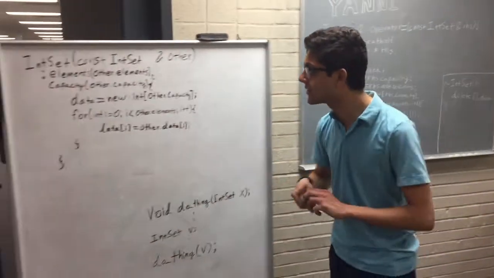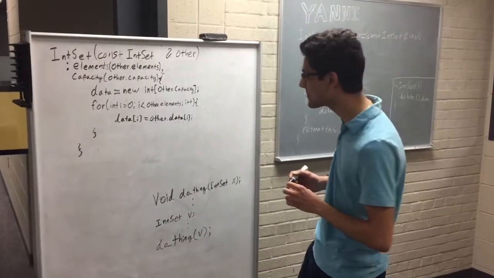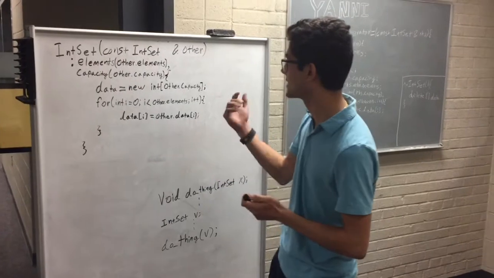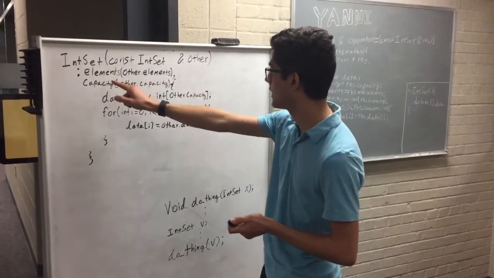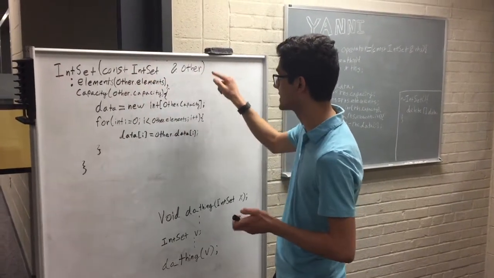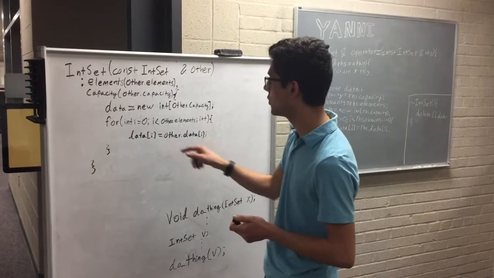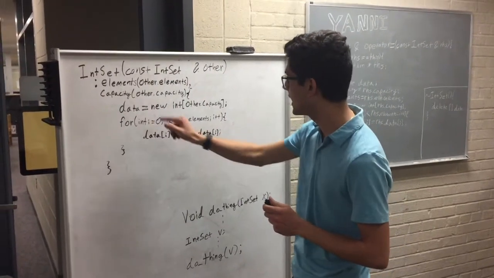And let's start with the copy constructor. What we have here is an initializer list, which is just copying over the number of elements and the capacity from the other inset we're passing in. And then we are allocating a new array for data.